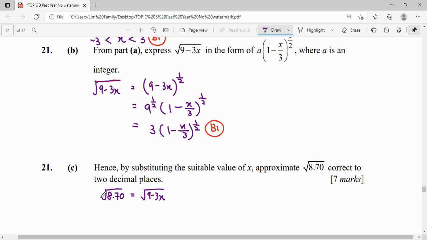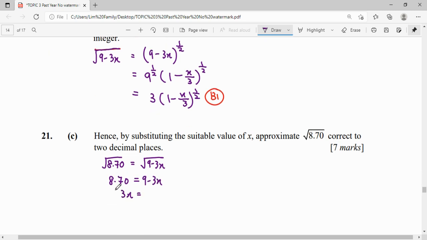When they have the same square root, we can compare inside. 8.7 equals 9 minus 3x. So 3x will equal 0.3. So x will equal 0.1.